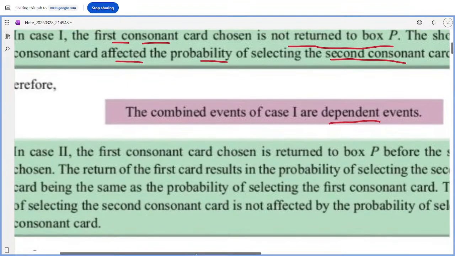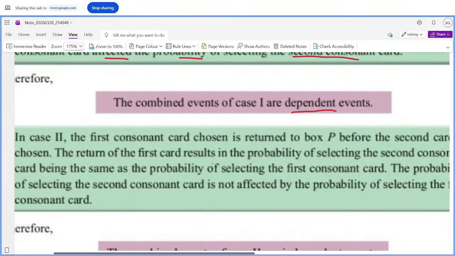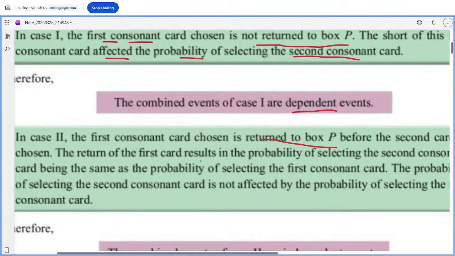How about case 2? Case 2 is like this. Let's say the first consonant card is returned. They already returned it to box P before the second card is chosen. So when you return the first card, does the total change? Yes or no? The total doesn't change.